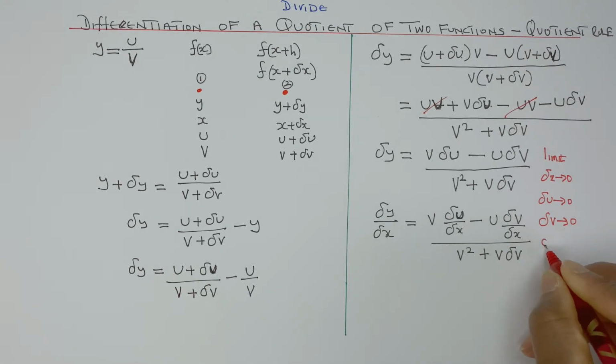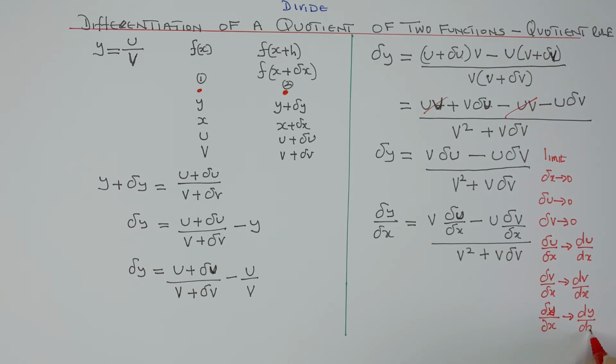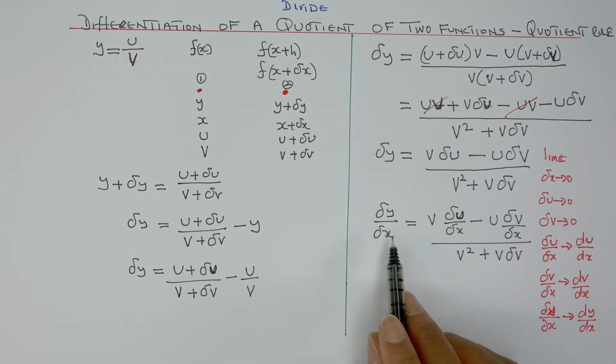We would have delta u over delta x tend to du over dx, delta v over delta x tend to dv over dx, and delta y over delta x will tend to dy over dx. So we can now write this properly in the limit.